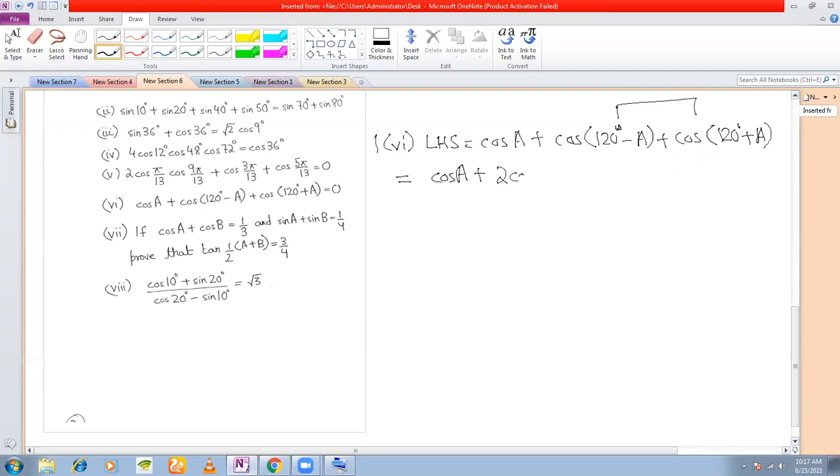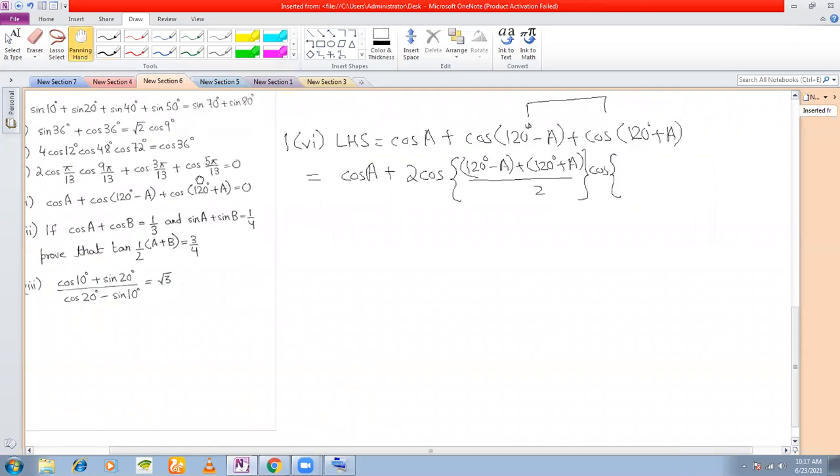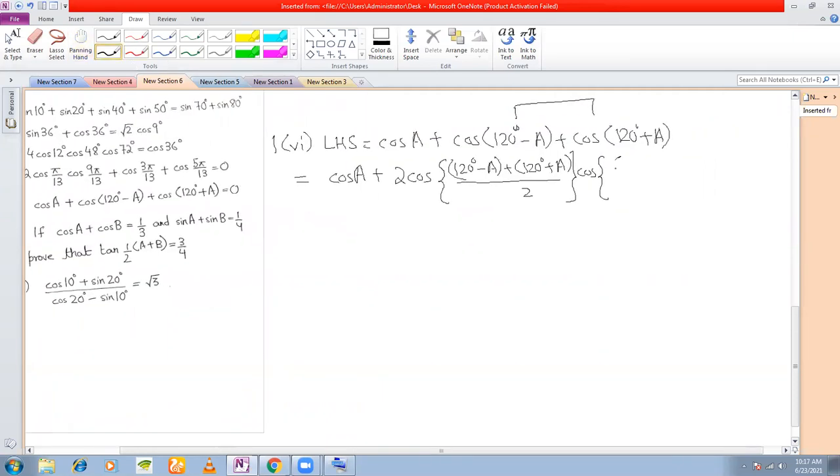So 2 cos C plus D by 2 cos C minus D by 2.